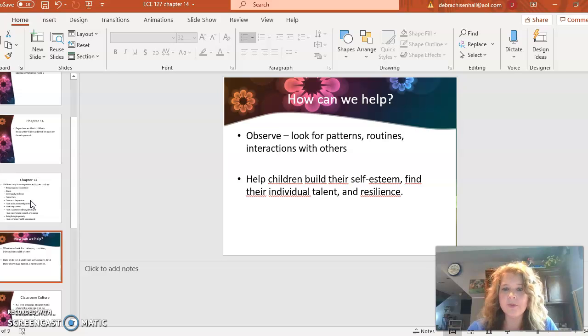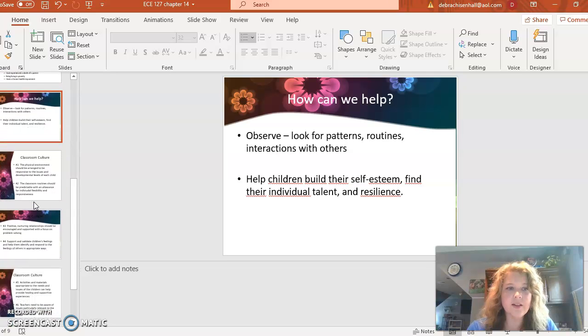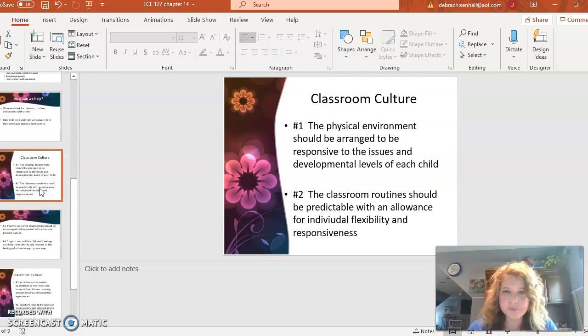Then we can use our observations to really capitalize on that, bring to their attention what they're doing well, develop a relationship and bond with them, building on their interests. And then we'll also know what some triggers are that lead to situations that they're not able to handle as well. Also, like I said, help children build their self-esteem, really capitalize on what they do well and what they know and can do.